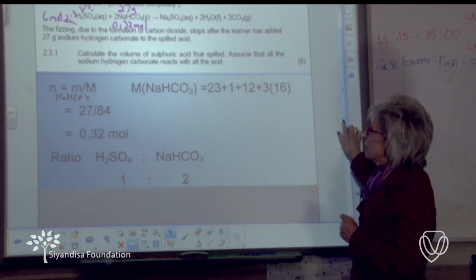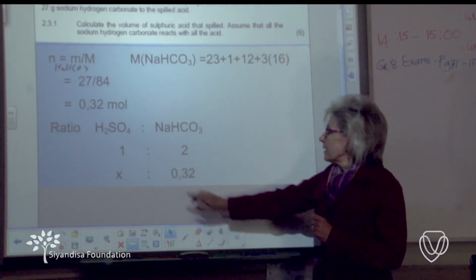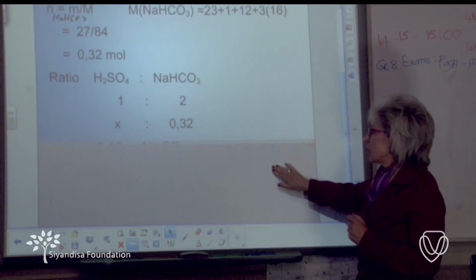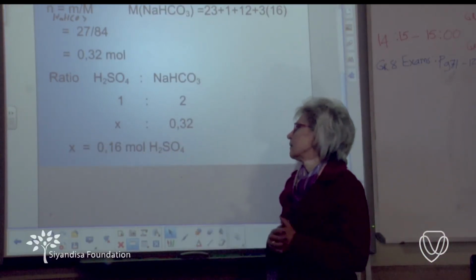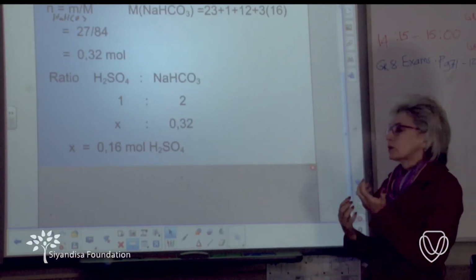I do have a value for sodium hydrogen carbonate, and that is 0.32. Therefore, the amount of mole of sulfuric acid that was then used is half of this, so 0.16 mole of sulfuric acid. I know that is what was used.